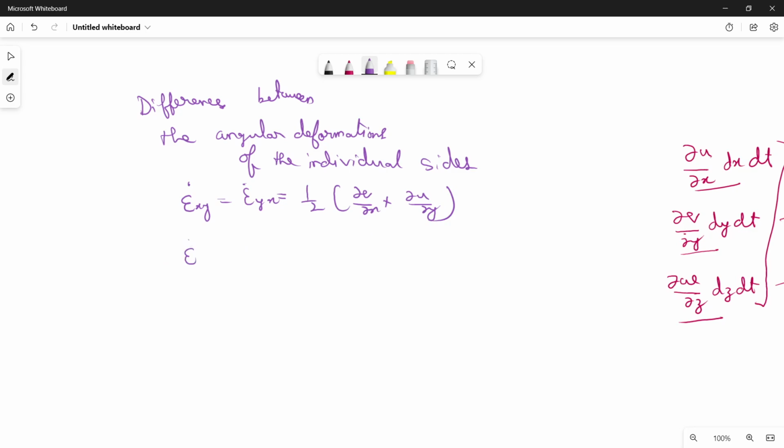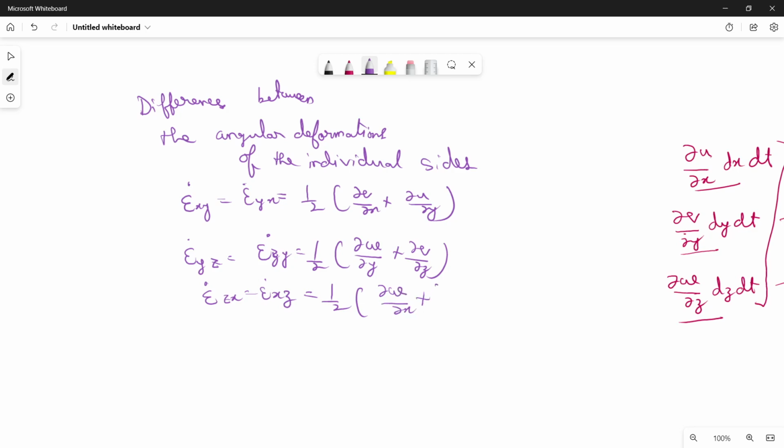Similarly, for yz, which is equal to zy, it is half of del w del y plus del v del z. And similarly we have epsilon zx equal to xz, which will be half of del w del x plus del u del z. So this is the angular deformation.